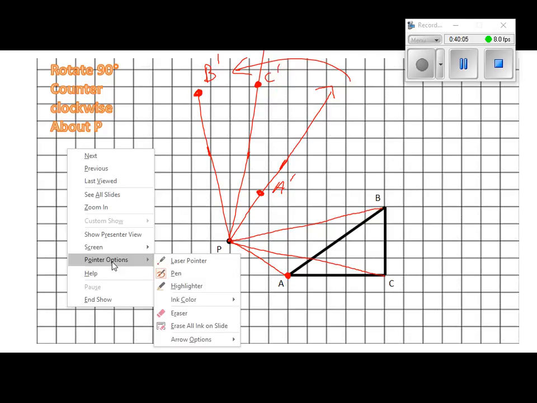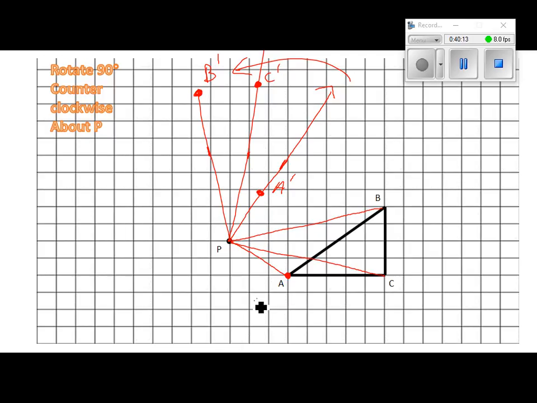Now those three points, guess what I'm going to do with them? Connect. Hold on, give me a different color. So I connect them, and I can see the disbelief in all of your eyes.